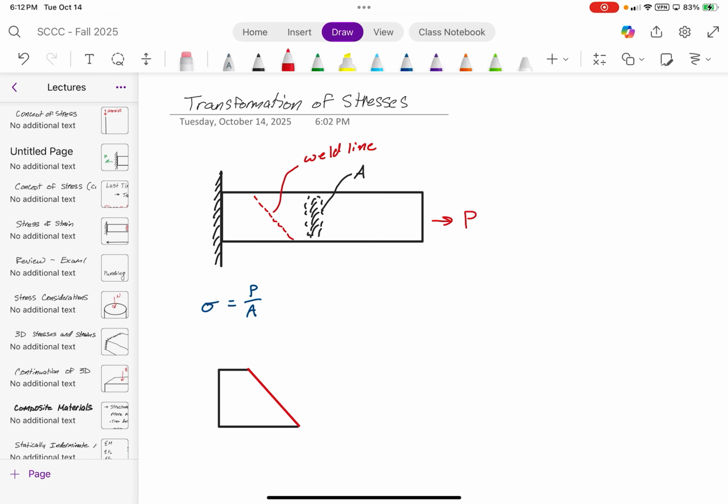What we're going to have is a normal stress. We generally call this stress sigma. So this is just the normal stress along the plane. And then just like Joe said, we're going to have a shear stress develop. So we have 2 stresses developed, even though there's only one load being applied here.